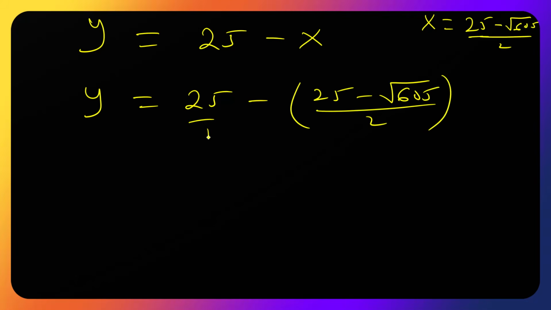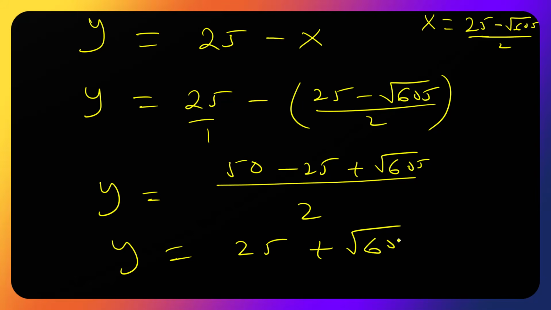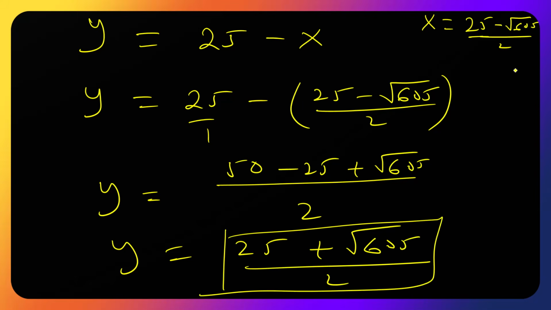So let's make this side over 1, 2 times 25 is 50, so minus 25 plus the square root of 605. So we have 25 plus the square root of that on 2. So we can say the answers are symmetrical. If this side is minus, this side will be plus, and if this side is plus, this side will be minus. All right, so that's that.